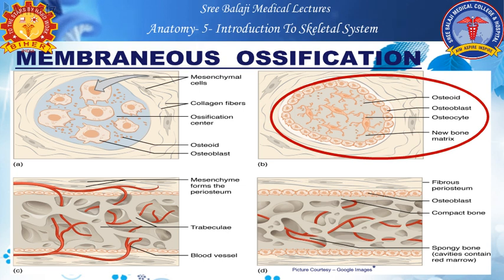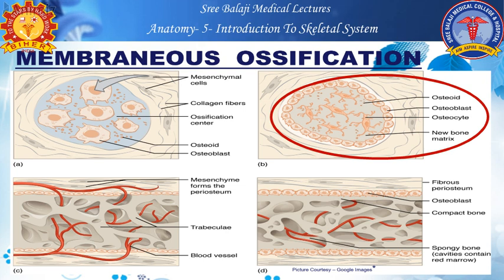These osteocytes soon mature and become the adult bone. So in this type of ossification, there is no intermediate phase of cartilage. The mesenchymal membrane directly ossifies to bone.